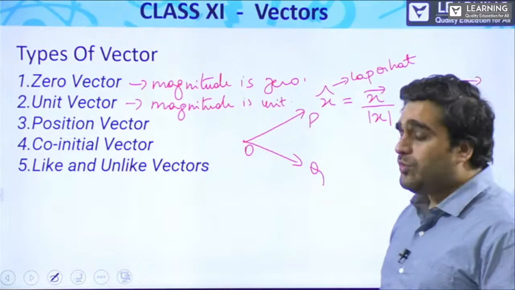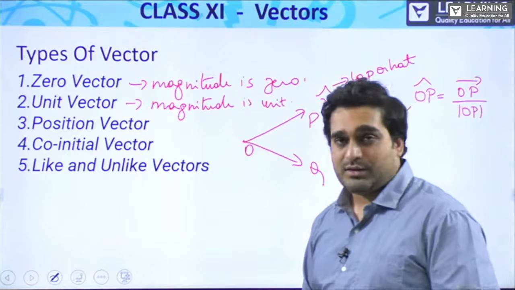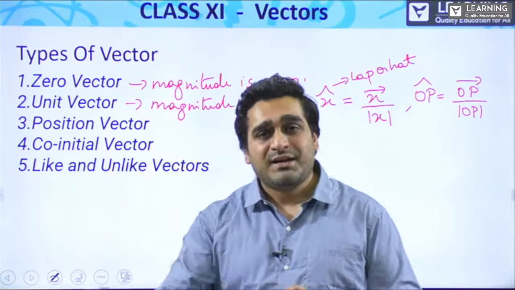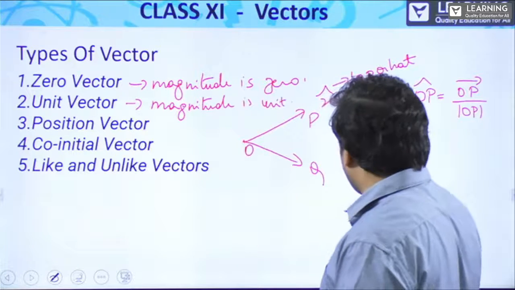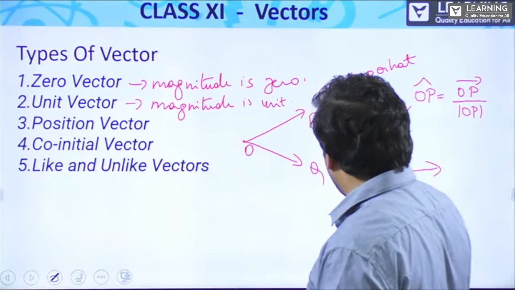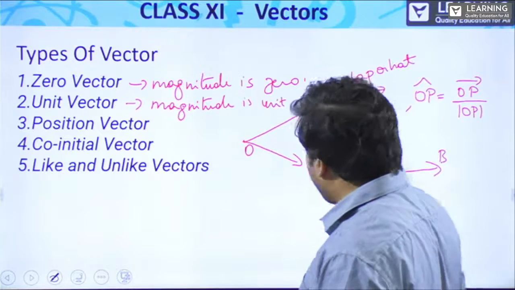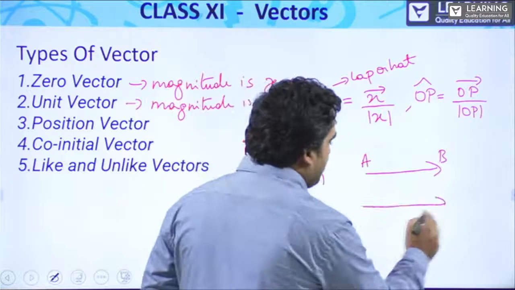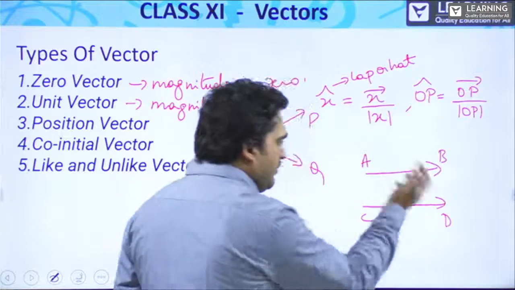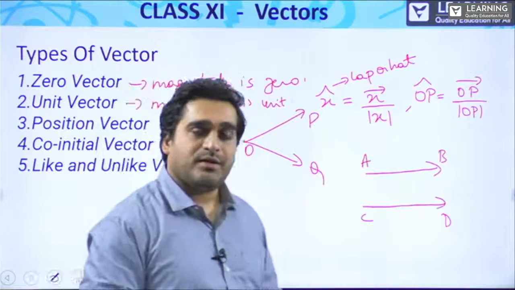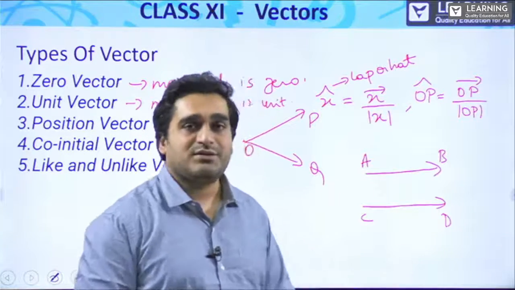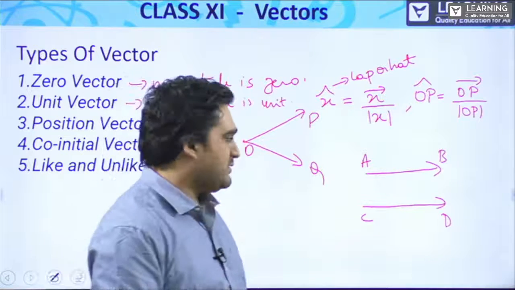Next, like vectors and unlike vectors. If two or more vectors are pointing along the same direction, one vector that is AB pointing along this direction, and there's also another vector CD pointing along the same direction, then these type of vectors are called like vectors.